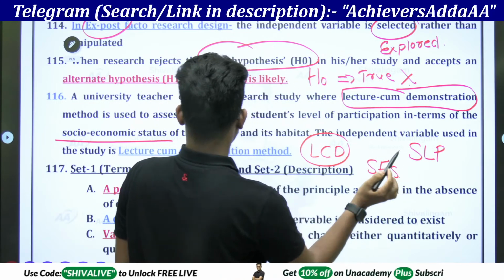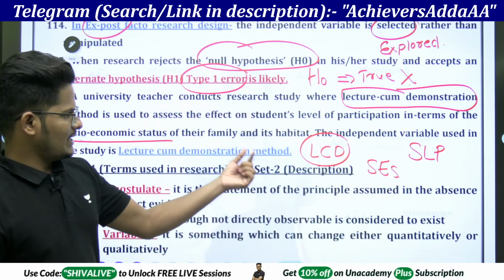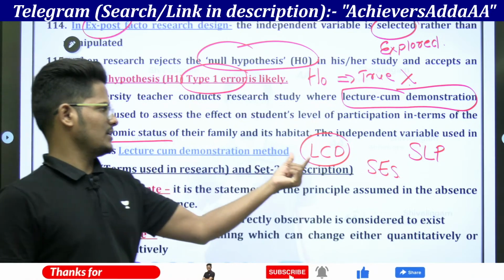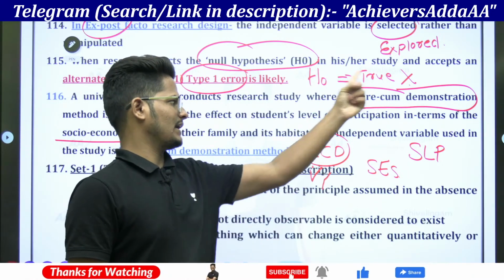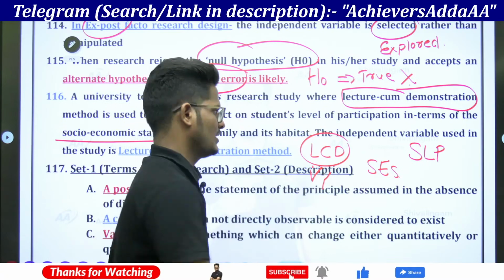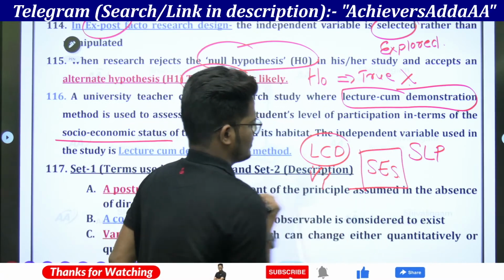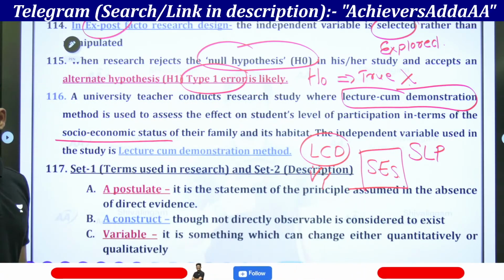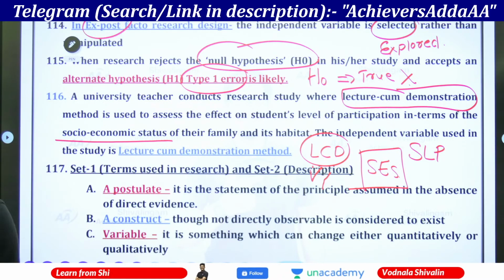The intervening variable is the socio-economic status of the parents.